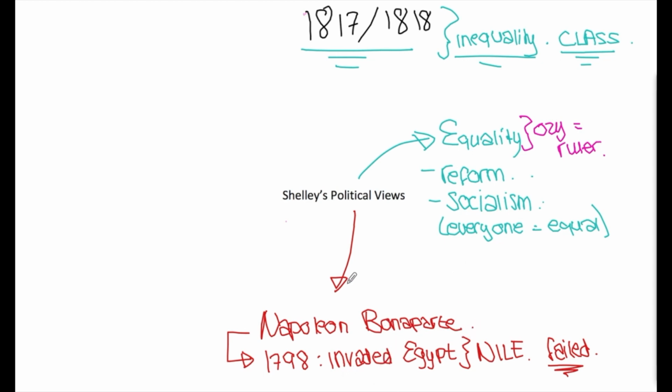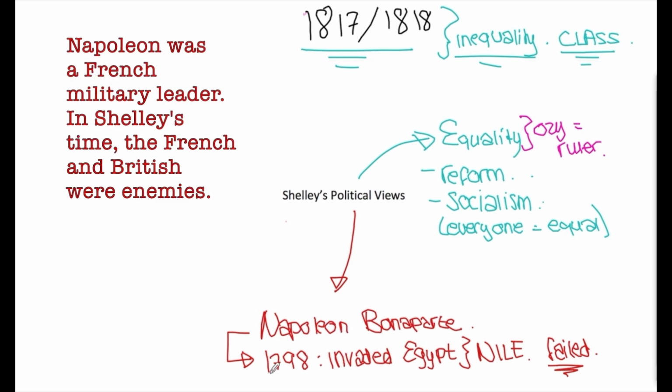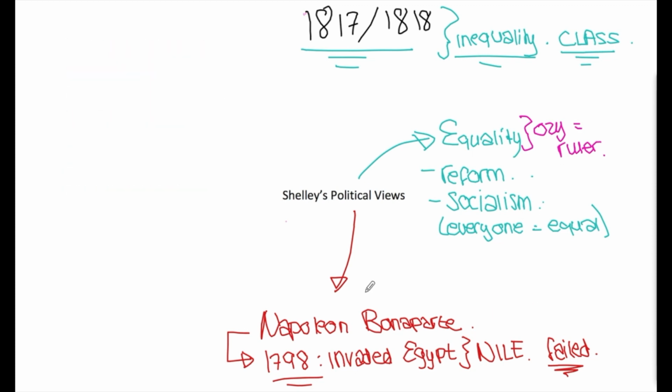So Napoleon, obviously a great enemy of the British, he was actually fighting the British around this time as well, and there were obviously the Napoleonic Wars which happened, which you can do your own research on. But the important thing is that a lot of people thought that the fact that Napoleon attempted to invade Egypt was a direct influence on Ozymandias the poem, which of course is focused on the Egyptian pharaoh.